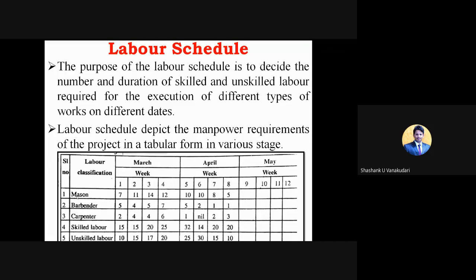As per the labor classifications, masons are required 7 in number for the first week.